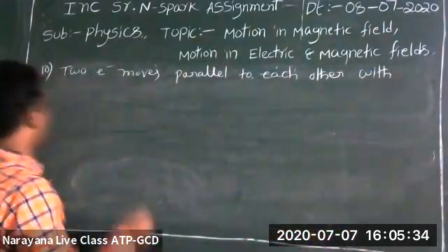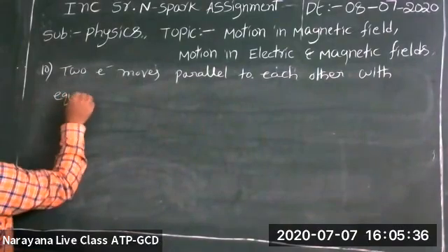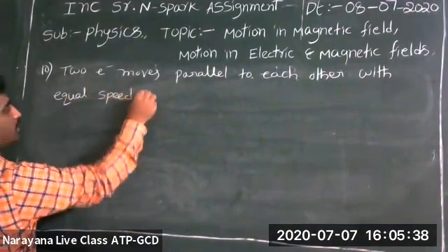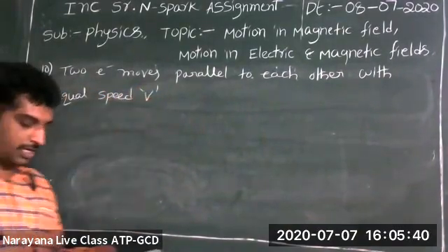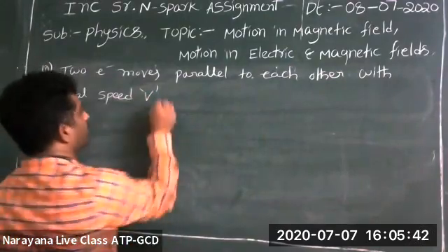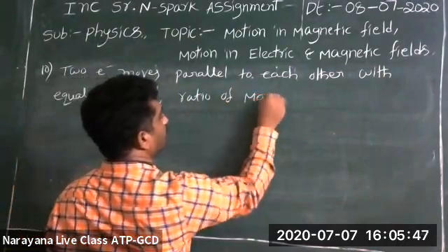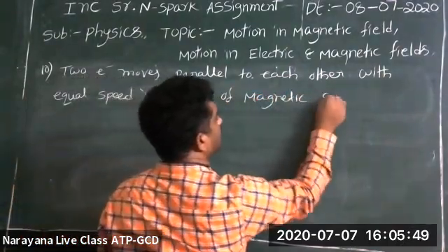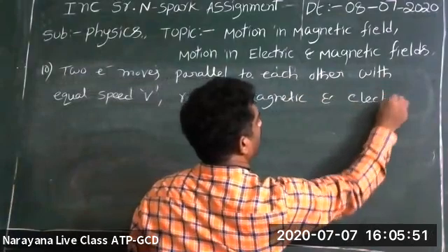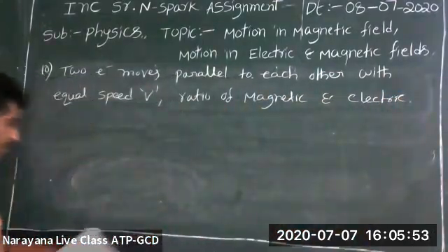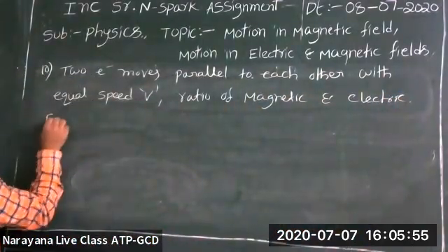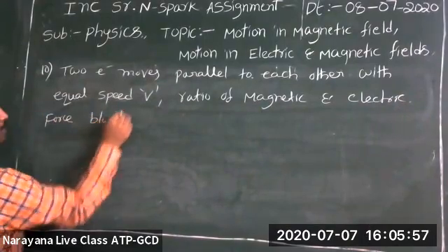The ratio of magnetic and electric force between them is.